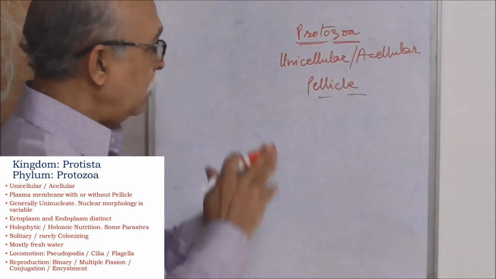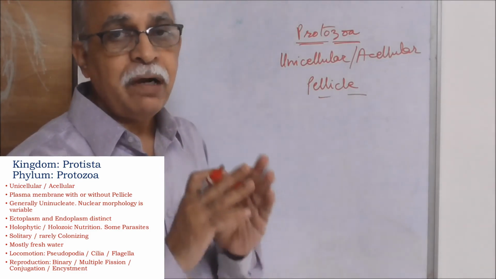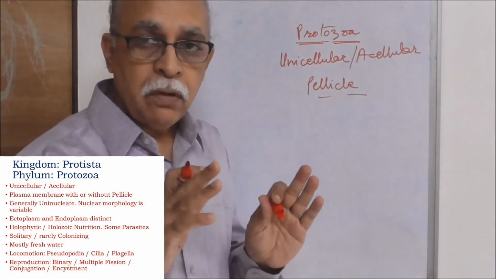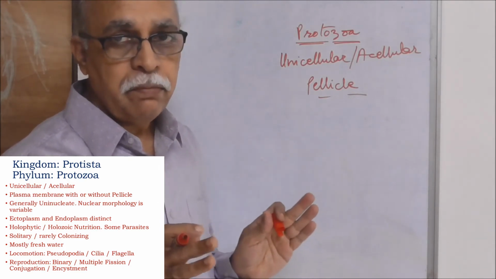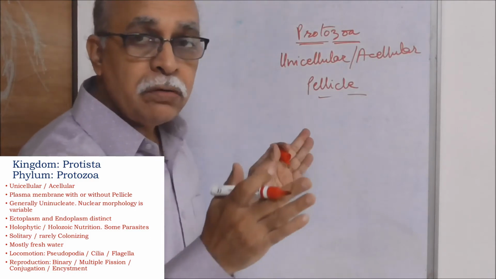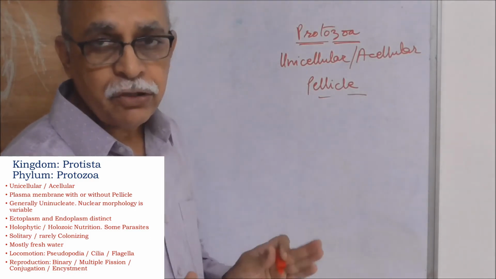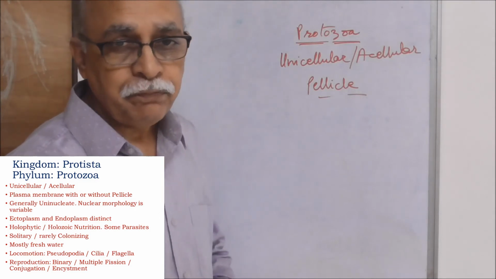Maybe all the protozoans are not with pellicle. Some are with pellicle, some are without pellicle. Pellicle gives it more or less a fixed shape, which may be seen in some of the protozoans, while some of the protozoans may not have a fixed shape. That will depend basically upon presence or absence of pellicle.